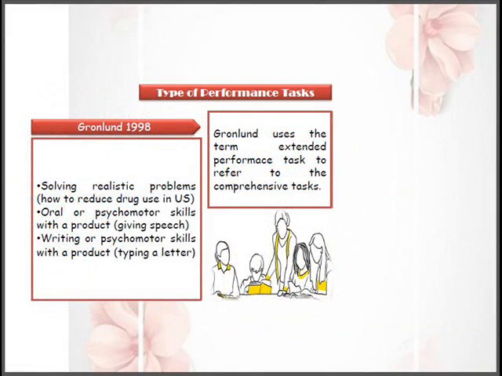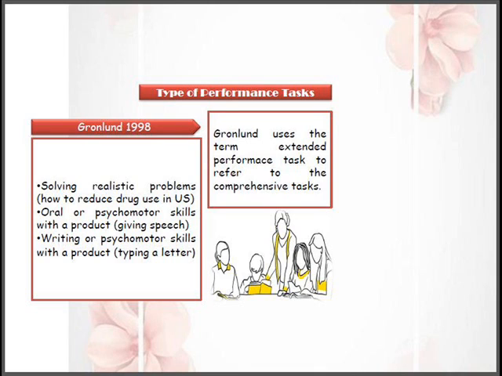And now we come to the types of performance task. Kronland uses the term extended performance task to refer to the comprehensive task. Kronland in 1998 also added 3 forms of performance task. 1.